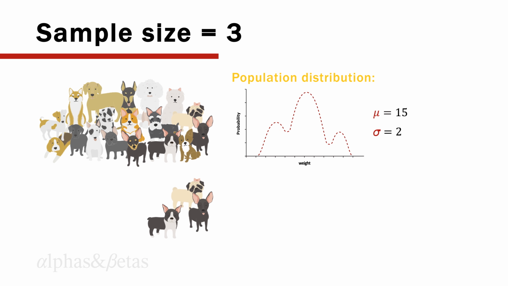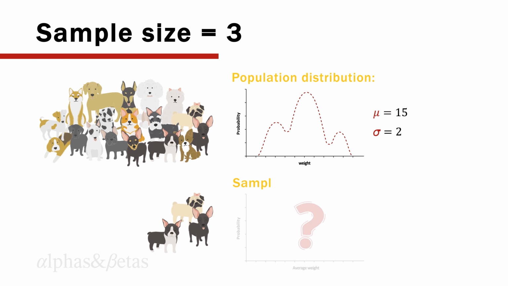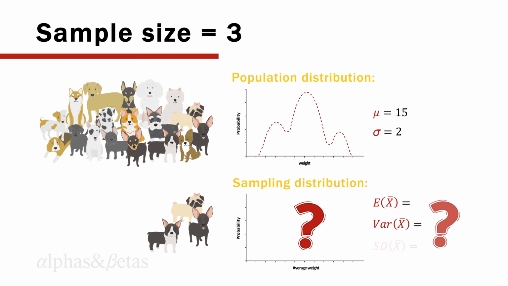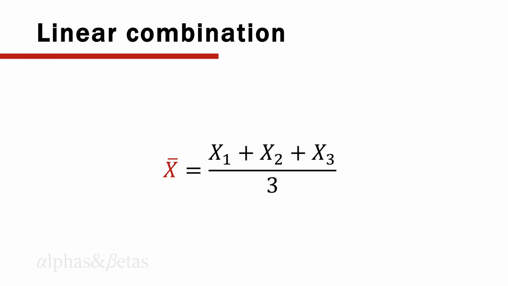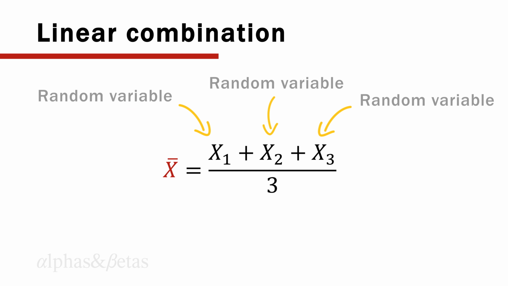What if you pick 3 puppies instead? What would then be the expected value and variance of the sampling distribution? The weight of each puppy is a random variable, so the sample consists of 3 random variables, x1, x2, and x3. The sample mean is the mean of 3 random variables. It's a linear combination of random variables.